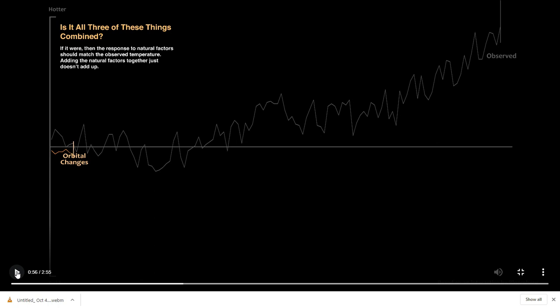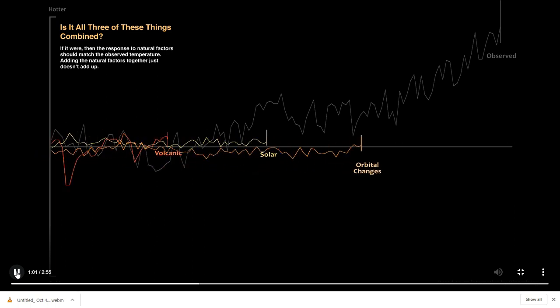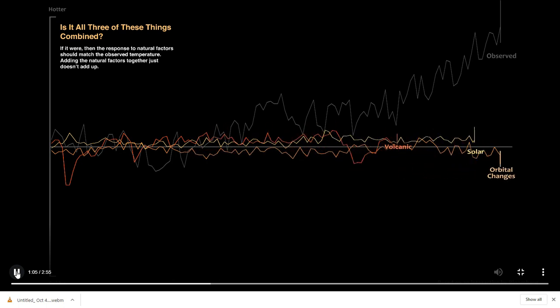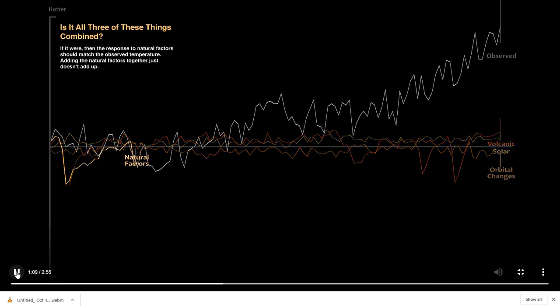So first one is the orbital changes. Here comes the solar. Here comes the volcanic. I'm going to let that run through. And now we're going to graphically add this and natural variations in this kind of pale yellowish. As you can see, it's not affecting what we observe.